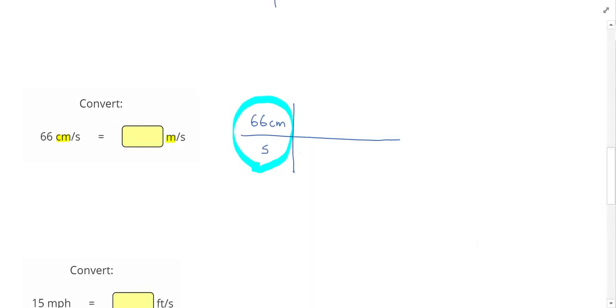Since centimeters was on the top, I need to put centimeters on the bottom so that they'll cancel out. I'm actually done with this problem because I have my goal. I wanted to get to meters per second. That seconds did not need to change. So I'm actually done. This is just a one-step conversion. We'll get into two-step conversions later. So 66 divided by 100 just gives me 0.66, and now my answer is in meters per second.